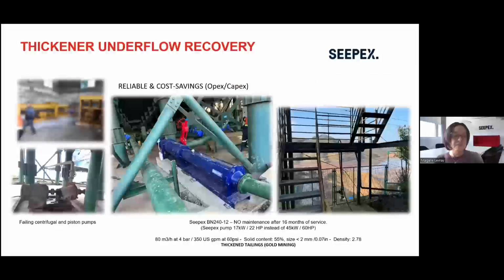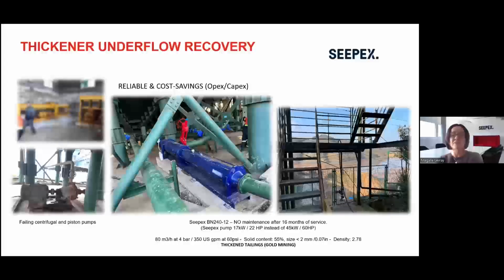Here is a typical example of what we do in the mining industry for our customers. Here we are under the thickener. So this is a tailings thickener on gold tailings.